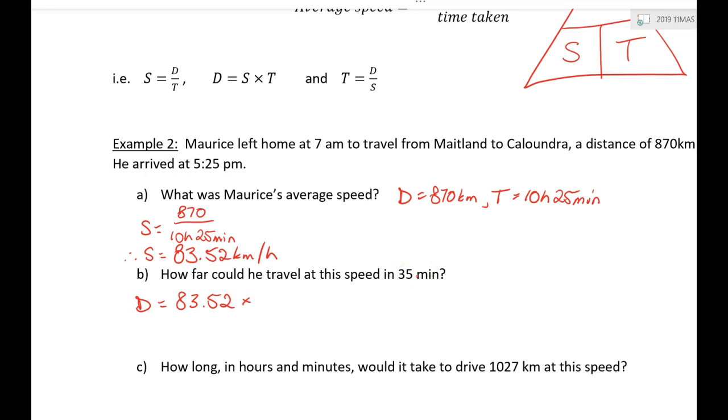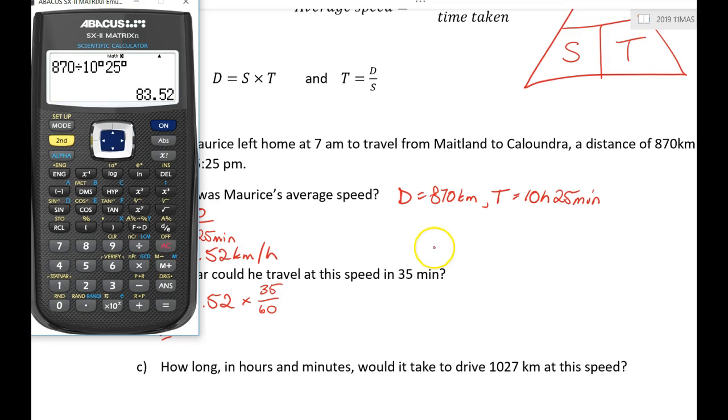I'm going to do a different way here. I'm not going to use my DMS button. I'm going to say 35 over 60, as a fraction this time. Now, you can use either of those things, or a mixture. Sometimes it's fairly obvious and you can convert it to a decimal if it's 15 minutes or 30 minutes or something like that. But this time I'm going to use that fraction.